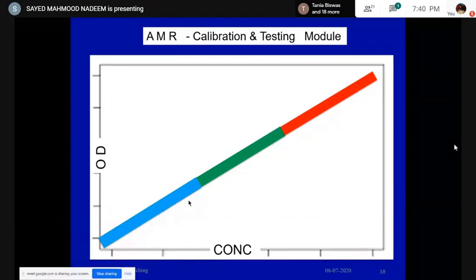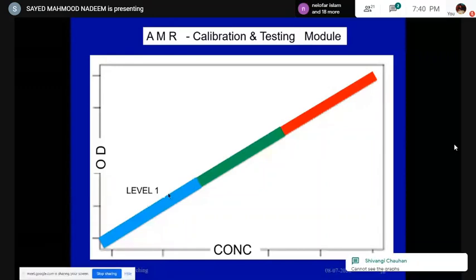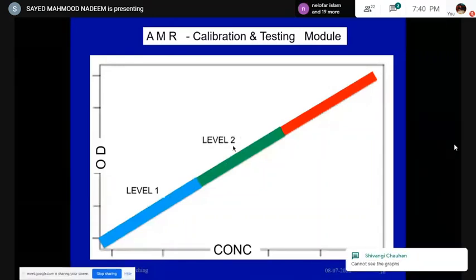These three components represent the area of definition of the three controls which we use. The lower one third represents the level 1 control, which is the low normal. The green area represents the middle one third, the normal control which we are using.